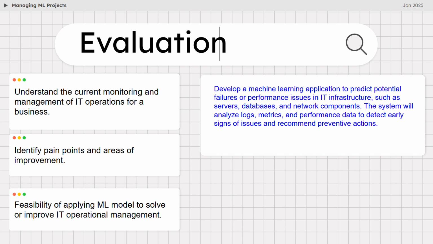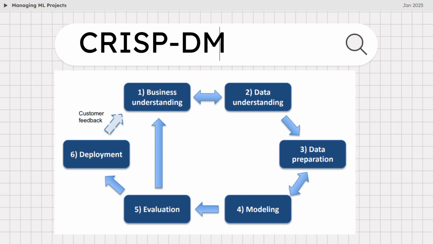It can analyze logs, metrics, performance data, the time of the year, the day, to detect early if there would be an issue brewing, and can recommend a preventive solution. So we'll go with a machine learning model. Given that we have all this data available, the model can at least try and predict, which can be used by teams to respond very quickly.